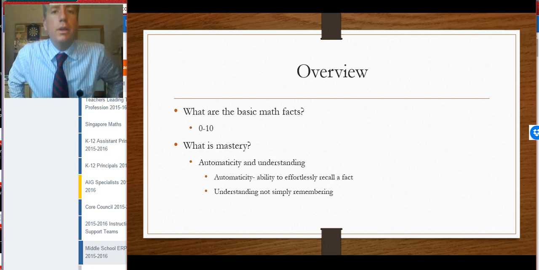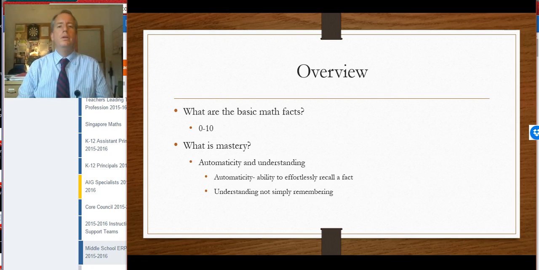A lot of times when we come back across something, we remember that we knew that at one point, but we may not remember how we learned it. So when we are talking about mastering the basic math facts, it's not a fast process, and it's not as speedy as sometimes our standards would like, but if we're really going to focus on long-term success for our kids, we want to look at automaticity, that ability to recall the fact, because it's attached to a lot of other information.